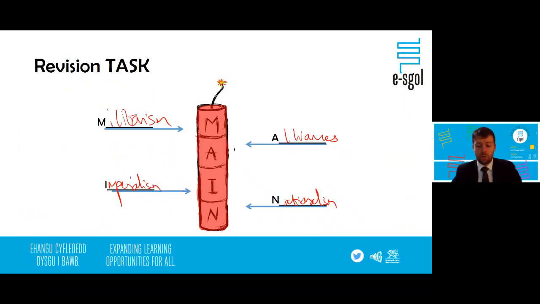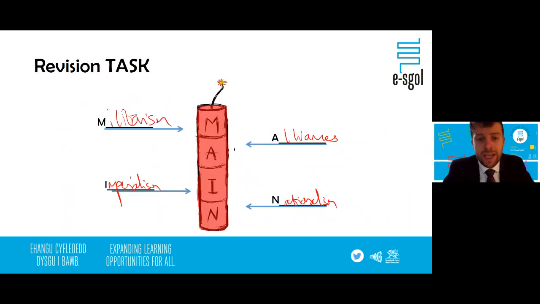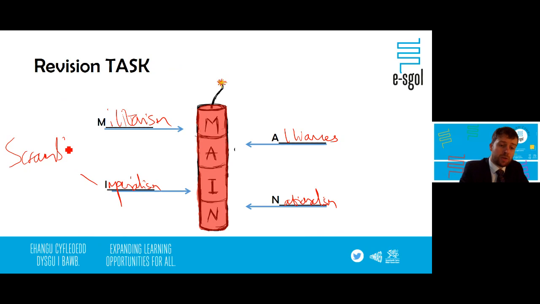Imperialism, quite simply, is they're looking to gain territorial land across the waters in other countries, in other continents. And Africa became the real focus of imperialism at this time. The so-called scramble for Africa occurred at this point.